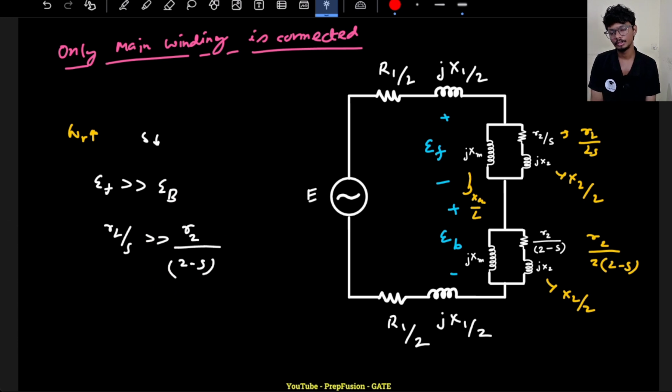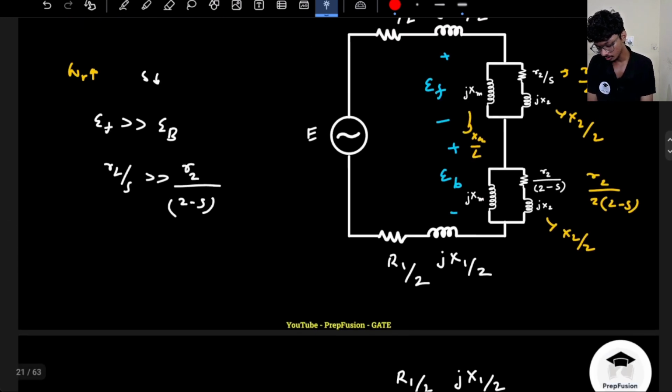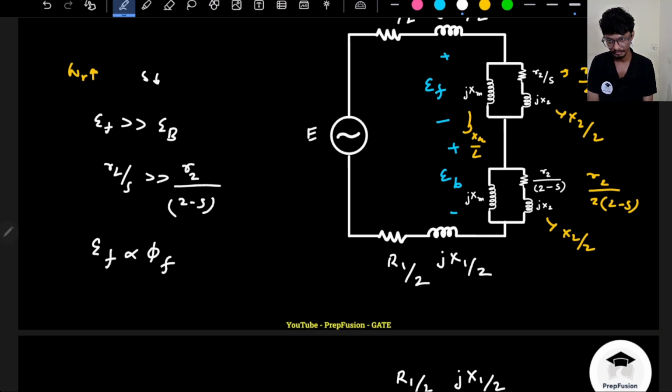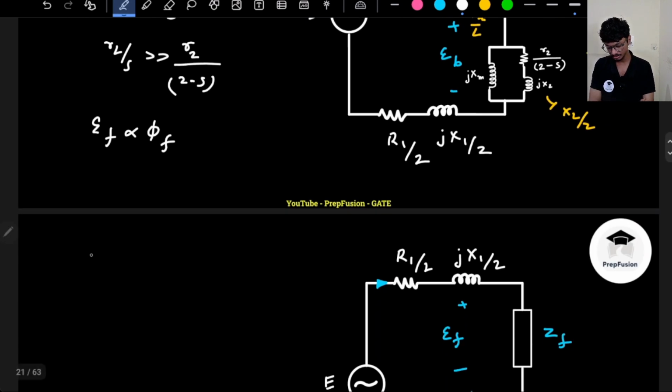Now sometimes you have to find a few values. I have already told you that your flux is proportional to the induced EMF. So I can write this equation that the forward EMF by the backward EMF will be proportional to the flux by the forward and the flux by the backward.